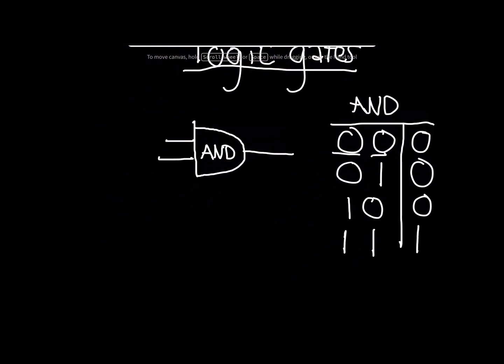Alright, so we know what an AND gate is now, but what is the NAND gate? The NAND gate is like the evil twin of the AND gate. So we're going to draw it down here. You can tell it's the NAND gate by this little circle here. And you're going to see this a lot, because each gate has its complementary gate that's opposite of it.